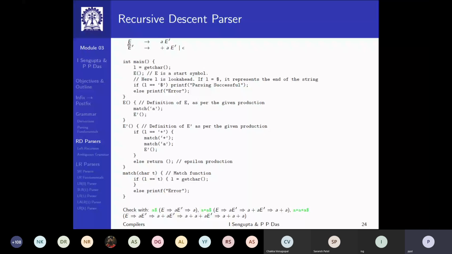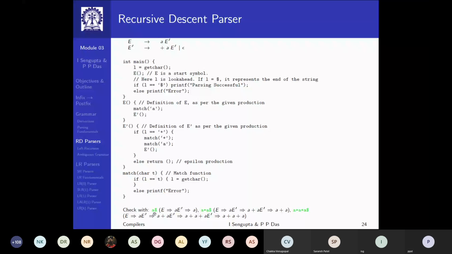Quite obviously, E is the start symbol. Terminals are quite obvious. They are A or plus, just two symbols. Three production rules. Now, what could be the simplest sentence? E produces A E primed and E prime produces epsilon. So it's A. The first example here.